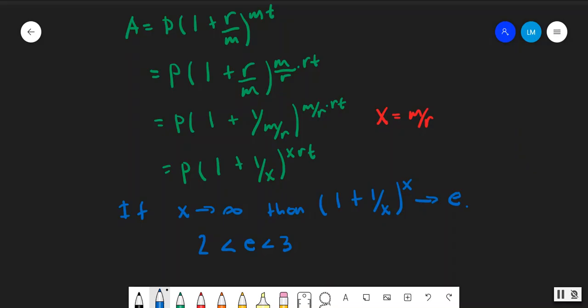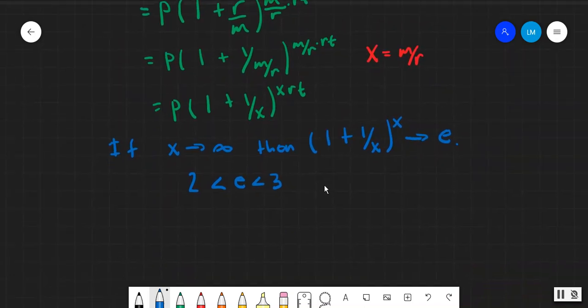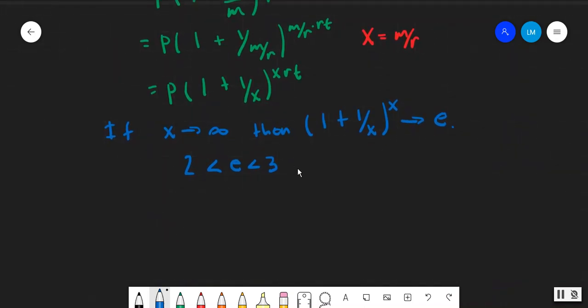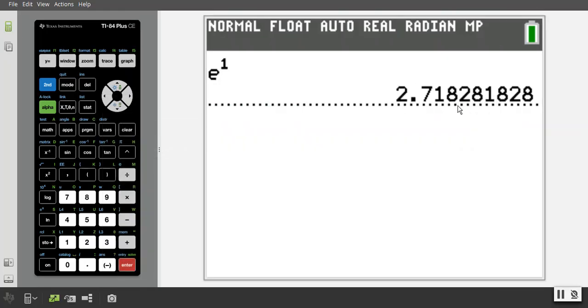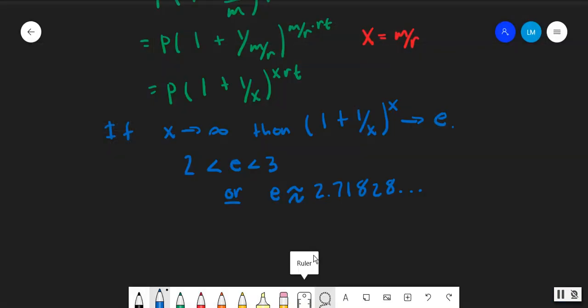So e is approximately 2.71828, and it goes on forever because it's an irrational number. All that we want is just this number right there.